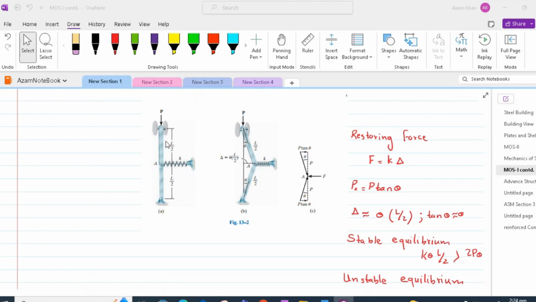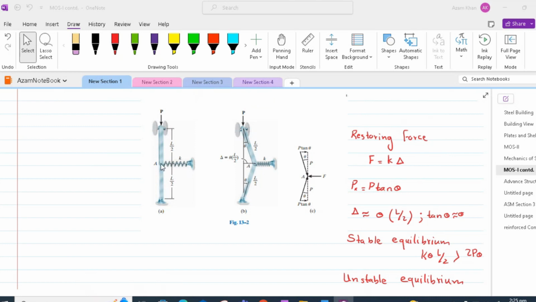Once the column starts deflecting laterally, the spring will induce a restoring force F equal to K times delta on the column. On the other hand, the applied load P will develop a horizontal force of P tan theta.